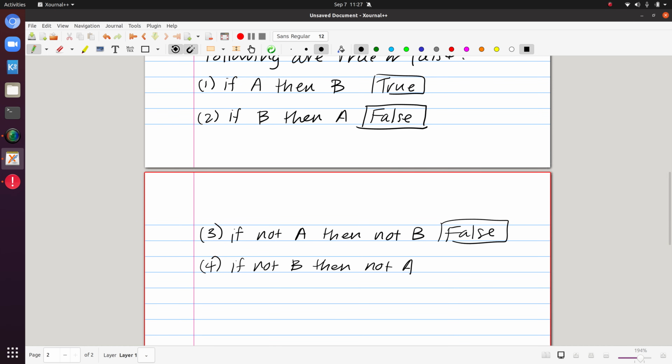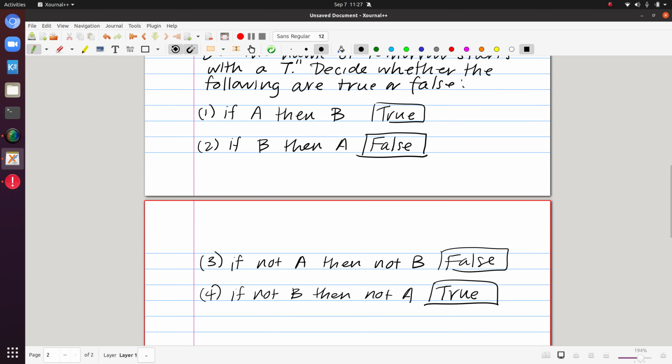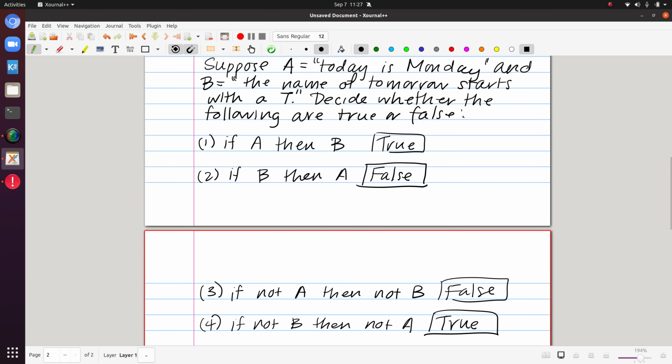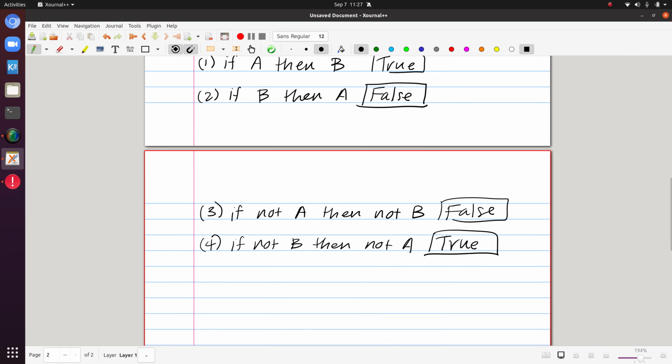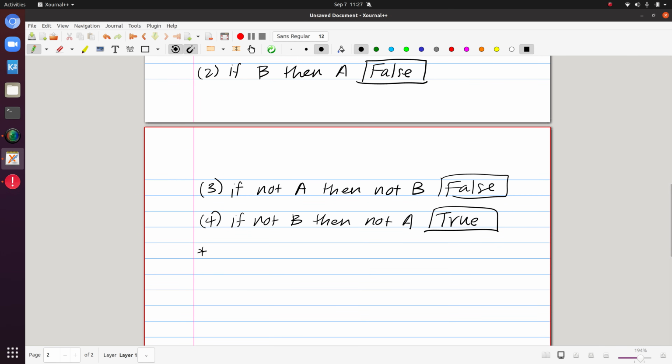And notice that that's true. So it turns out that there's a connection between the two true statements as well as the two false statements. Let me phrase this a little bit differently. Let's say 4 is what we call the contrapositive of 1.